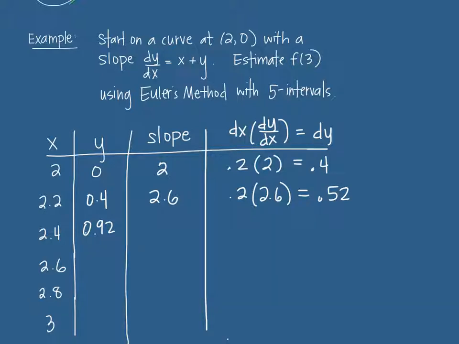Then we calculate our next new slope. We take the new position, our next point, add x and y together, and we get 3.32. If our new slope is 3.32, our y should change by 0.2 times 3.32, which I've already worked out for us is 0.664.